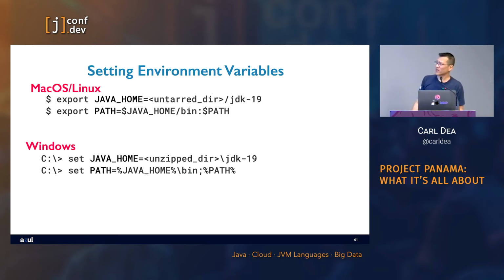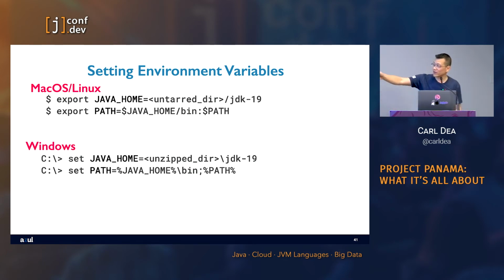So it's really quick, just like anyone on the command line setting up Java. You download the JDK, you put it in some temporary directory, you set up your environment variables for JAVA_HOME and your path. And of course, you prepend JAVA_HOME/bin, and then you put the current path on the end.